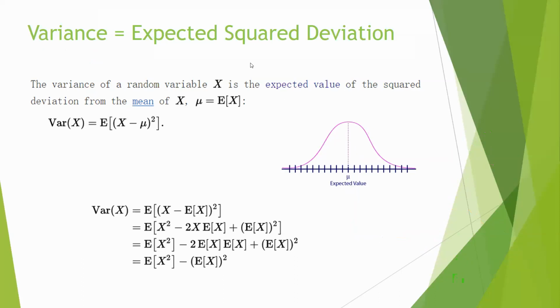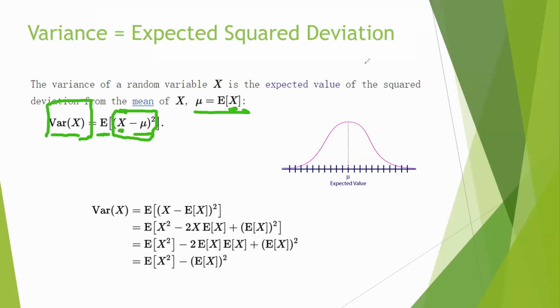Okay, so this is the definition for the variance. The variance is actually also an expected value, but the expected value of what? This is the central tendency mean, right? The expected value of the random variable itself. But when we calculate the variance, this is the expectation of the squared value of the deviation of each random variable from its center.